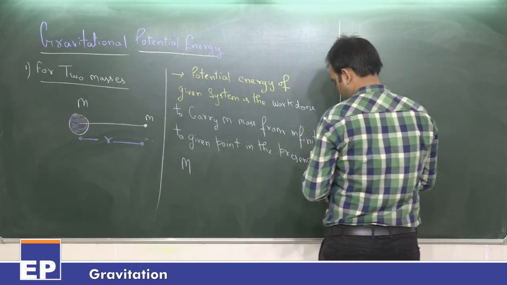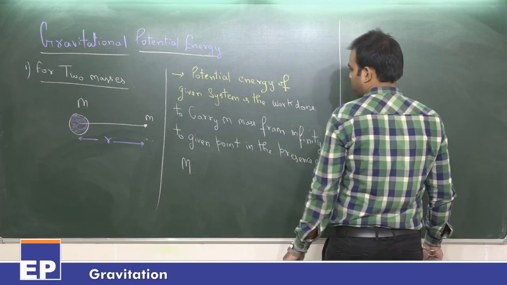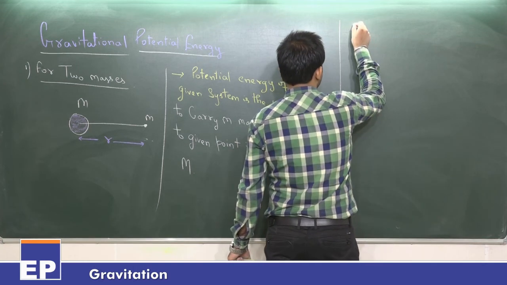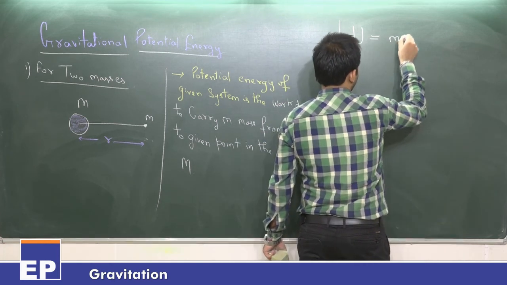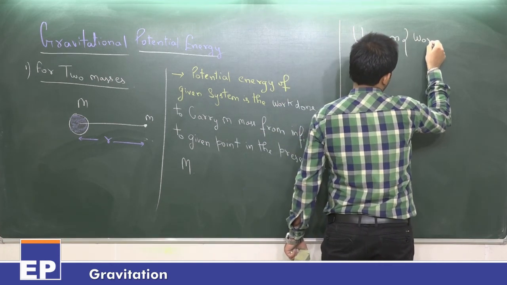So it will come out to be what? That is the potential energy. That will come out to be small m into work done to carry unit mass.